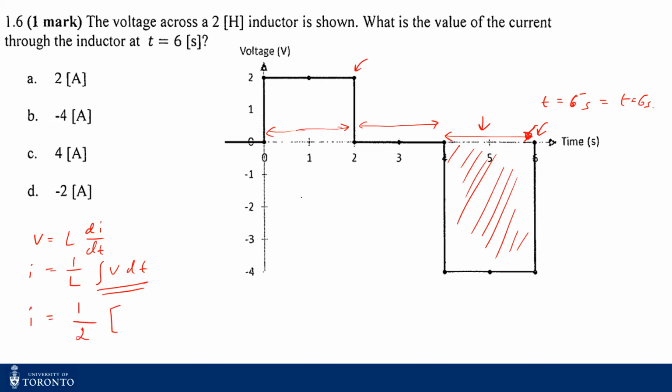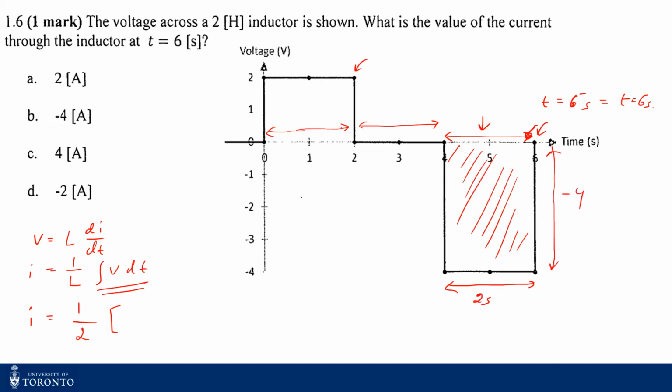And the integral of V with respect to t is basically the area under the curve, which is just a rectangle. Now, what's the area of the rectangle? It's the time, which is 2 seconds, times minus 4, which is the voltage.